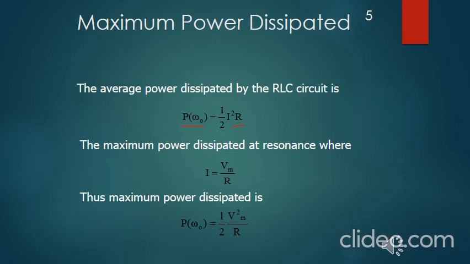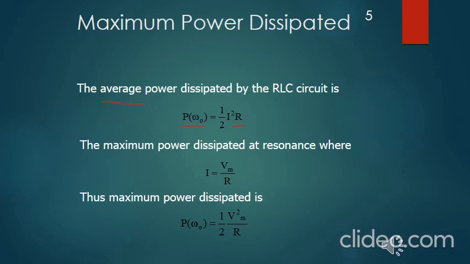Is it right or wrong? That is right, at cutoff frequency. What is the relationship between I RMS and I maximum? When you want to find the average power, you have to calculate the RMS value.